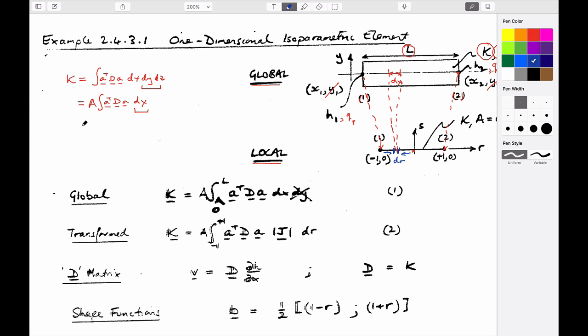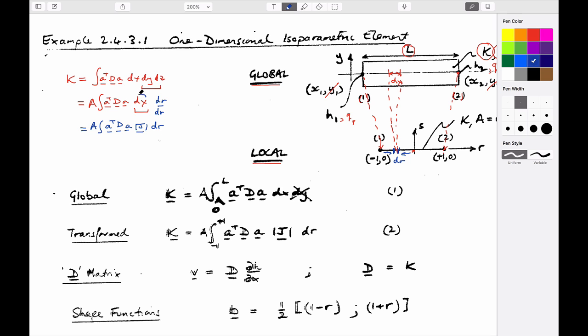And so this now just becomes area times the integral of A transpose d A, this scaling parameter, take it on trust, and dr. Well, actually, we've already said exactly what this is here, so what we could do is multiply this by dr over dr, right?